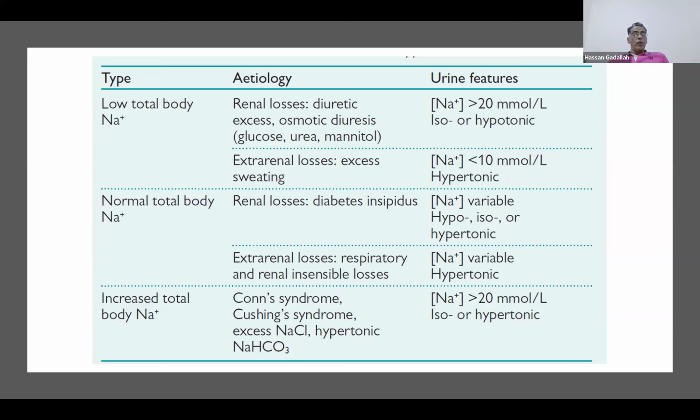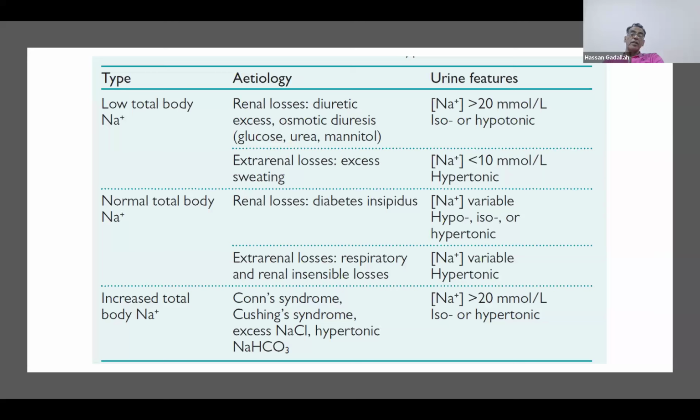And in addition to what we mentioned before about the loop diuretics and osmotic diuretics, let's remember one of the common cases that we face frequently, patients with either diabetic ketoacidosis or hyperglycemic non-ketotic coma, where a high serum glucose concentration leads to osmotic diuresis.